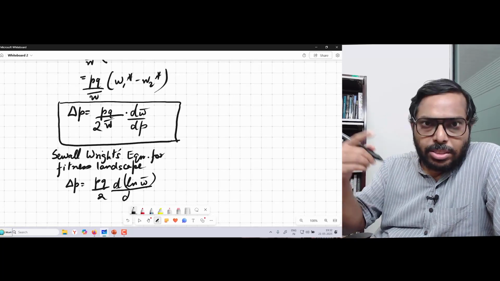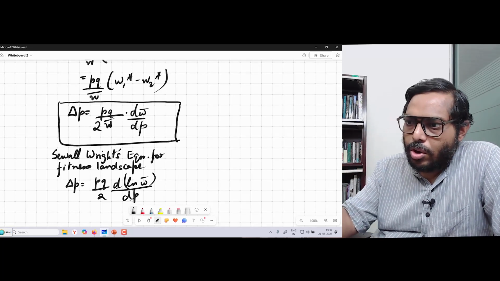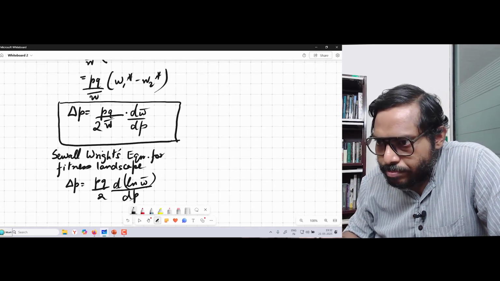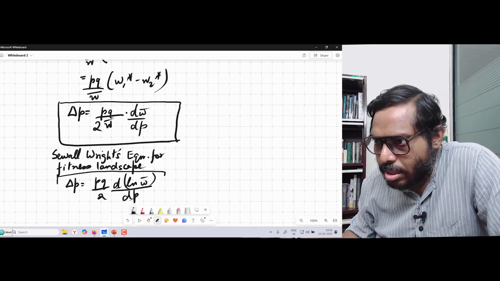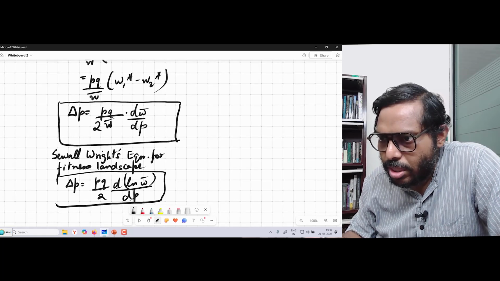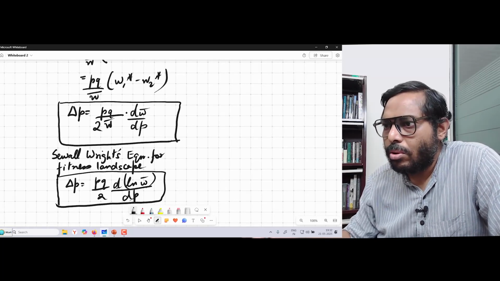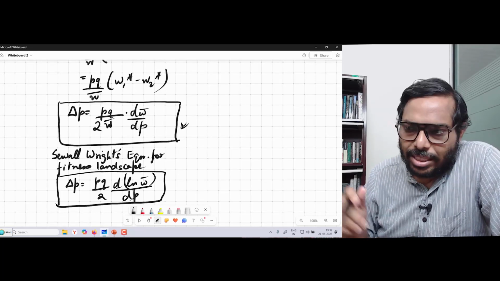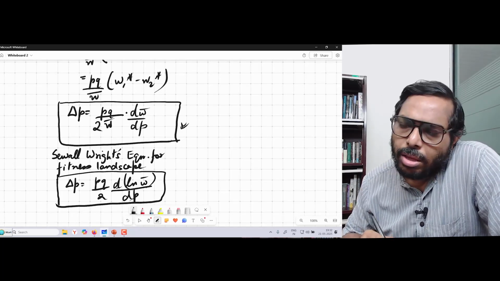The reason this works is because d ln W bar is equal to 1 by W bar dW bar. So, this is also another form in which the equation is often talked about, although this is the form in which we are going to analyze it.